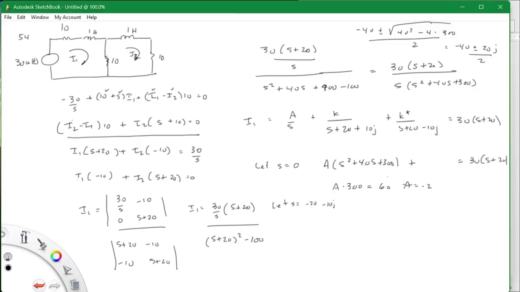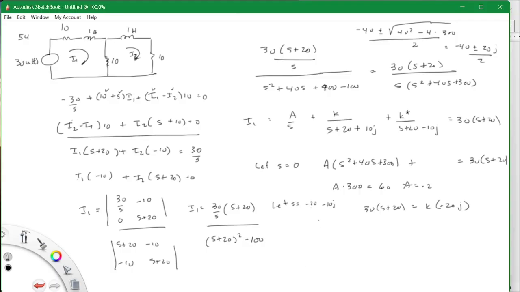We cross multiply and we get 30 times S plus 20 is equal to K times 20j, minus 20j. Okay?